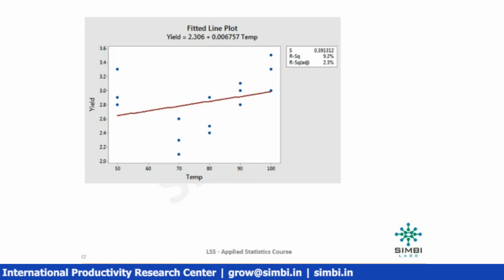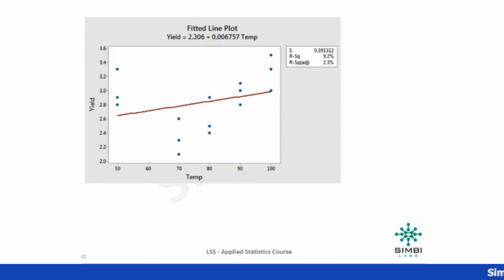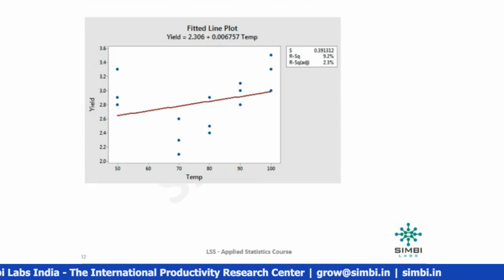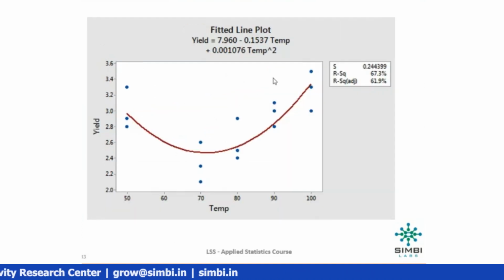Here we can see the fitted line plot for the linear fit, y equal to 2.306 plus a coefficient times the temperature, and the fitted line plot for the yield, 7.960 minus 0.1537 times the temperature value.